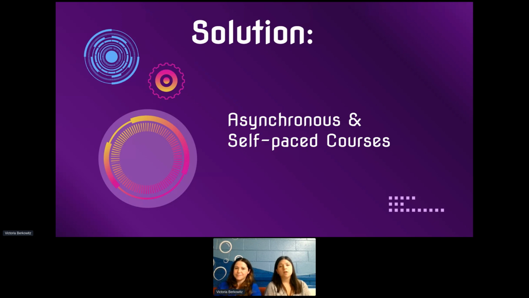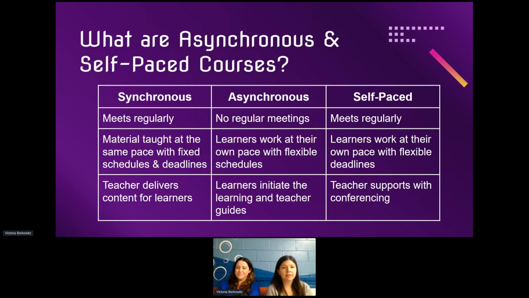We're going to tell you about what we did. Before we get into that, I want to make sure that everyone has the same understanding of what asynchronous and self-paced courses are. Synchronous courses are typically the traditional classroom style that we teach in nowadays. With asynchronous, there are no regular meetings. Learners work at their own pace. It's very flexible. They could work on their free periods in school or even at home.